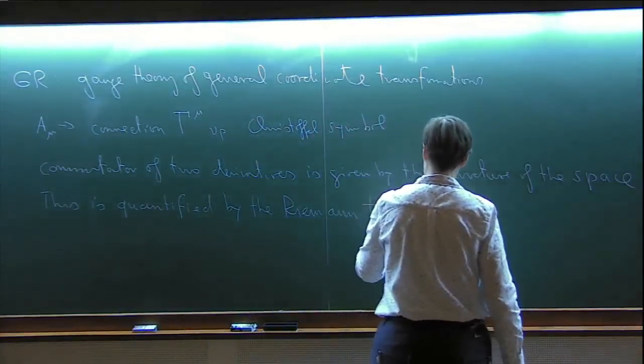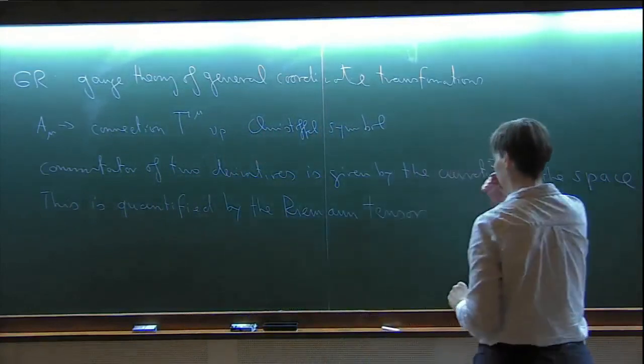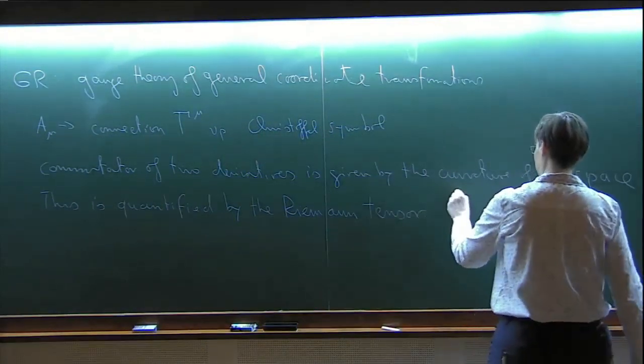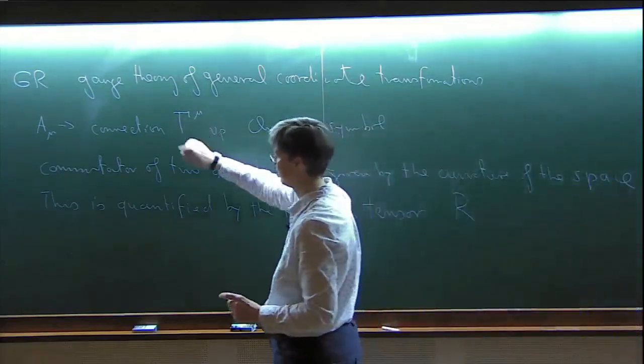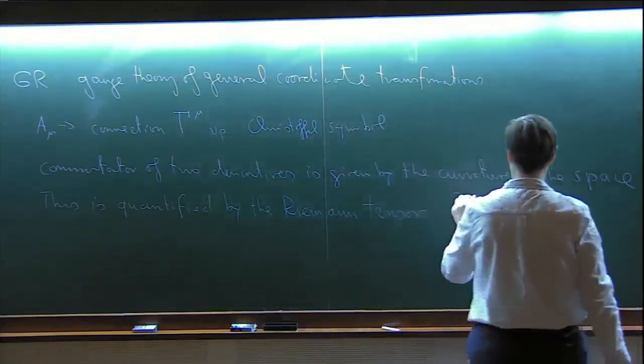Riemann was a famous mathematician in the 19th century, and that's why this tensor is called R. And just because the Christoffel symbol has 3 indices, this Riemann tensor will have 4 indices.